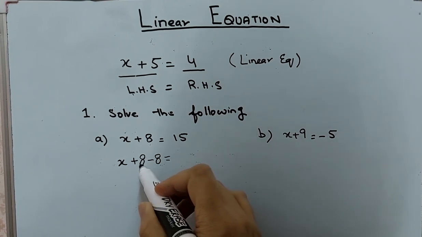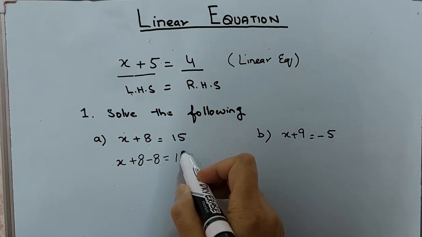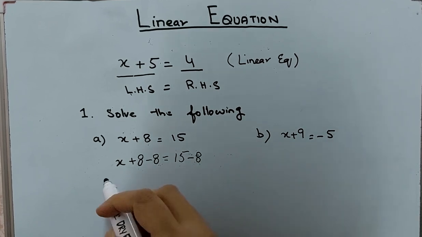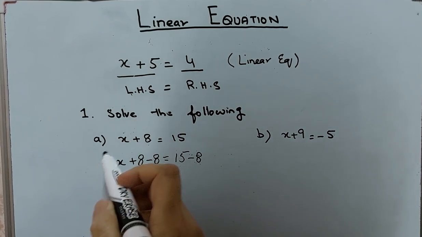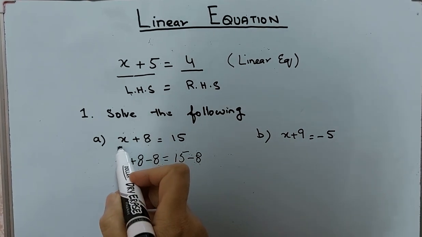I told you whatever we do here, we have to do on the right hand side as well. So we will subtract 8 on the right hand side too. You can even write here, subtract 8 from both sides.